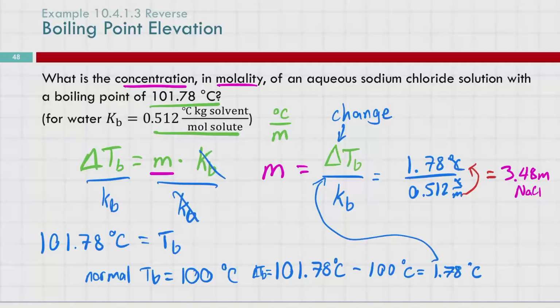If you did not do a change in boiling point calculation, then you would have gotten a concentration of like 200 molal, which is way too high. You'll never have concentration units that are in the 200 range.